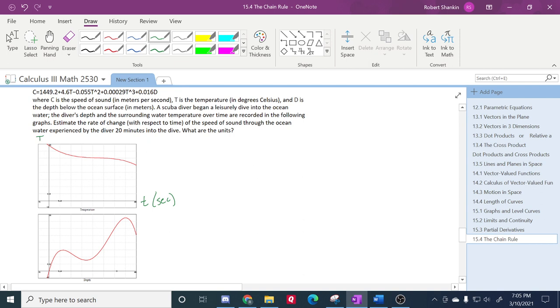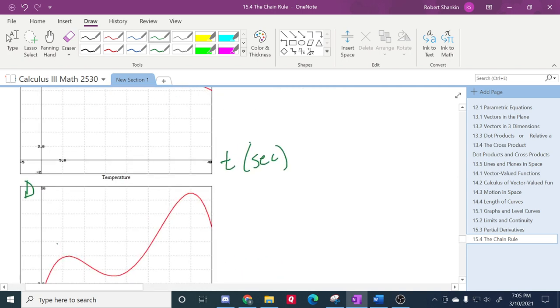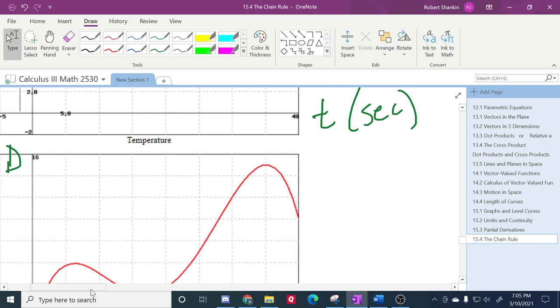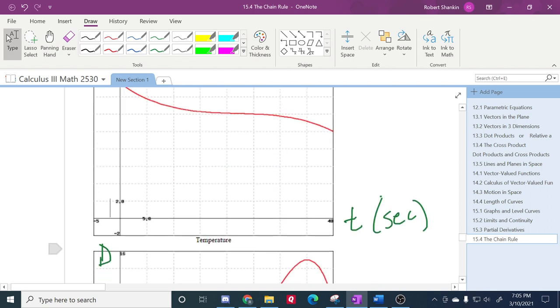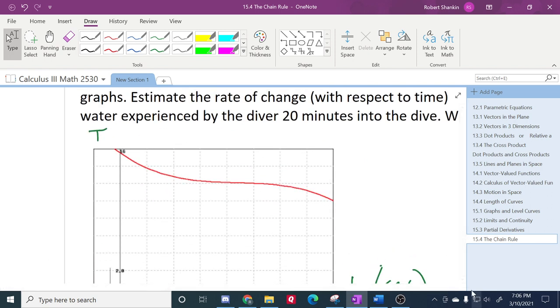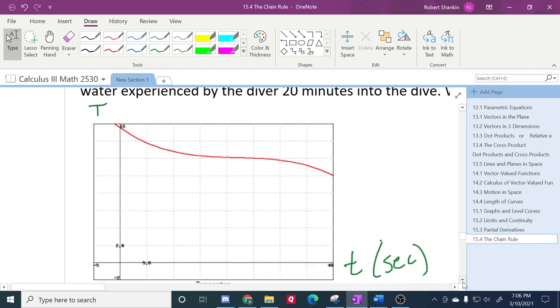And here it's time again, and this axis is the d, the depth. Let's zoom in on one of these so you can see it a little better. This is the temperature of the environment with respect to the diver. Correct? Correct. Good, just tracking with the diver.